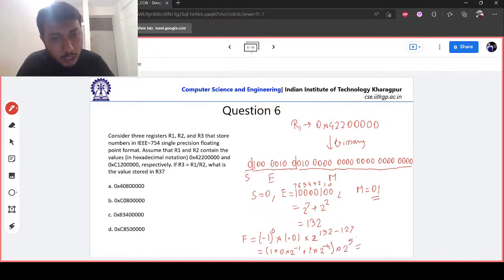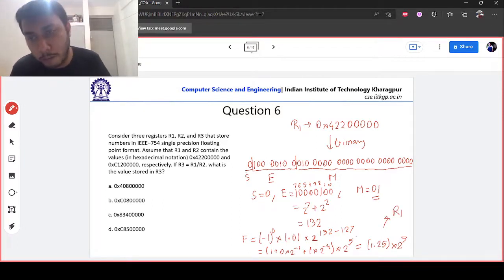If we calculate this, it will be 1.25 into 2 to the power of 5. So this is the value of R1, right? We have got the value of R1.